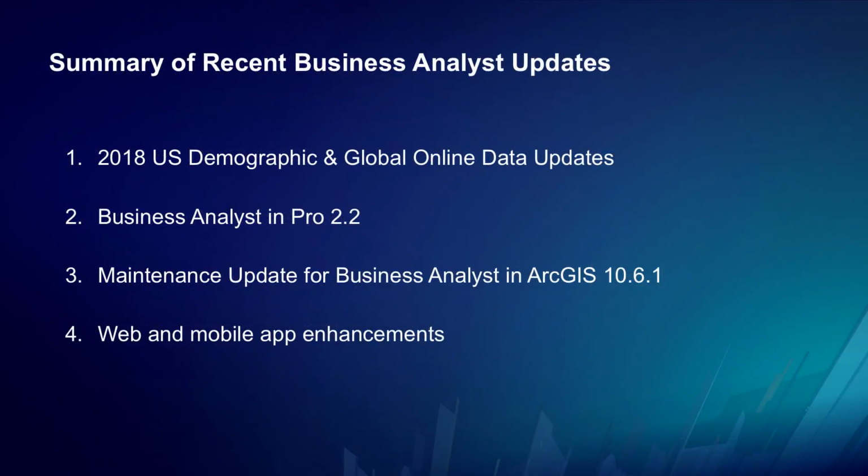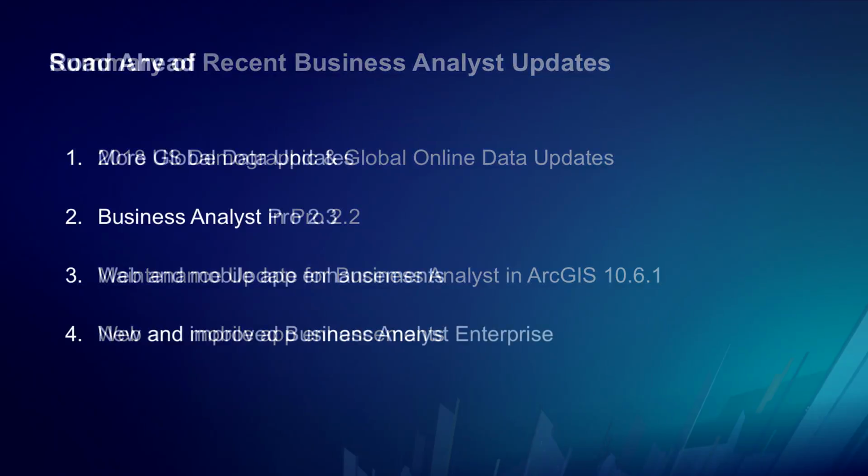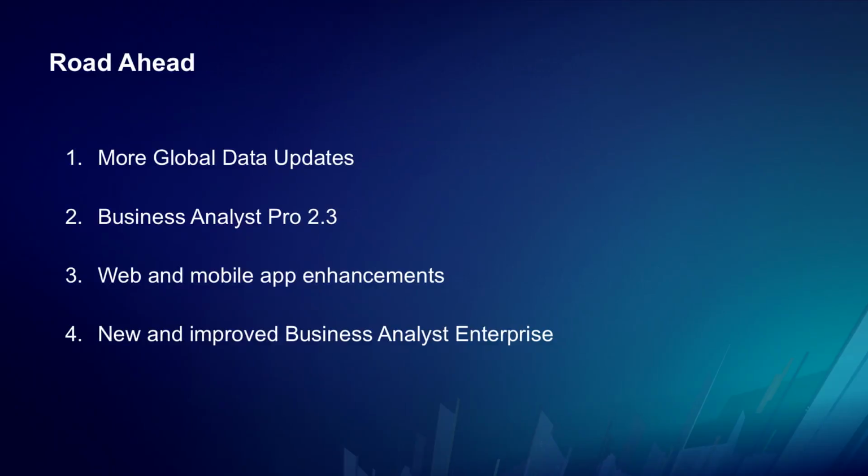So just a quick recap for our existing users about the key things that we're releasing with this user conference. And then one final slide here, in terms of some of the things that we're working on for the rest of the year. We'll be making 2 other global data updates, one in September and one towards the end of the year.